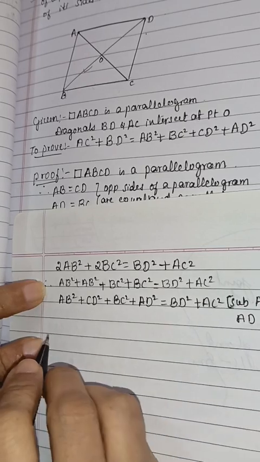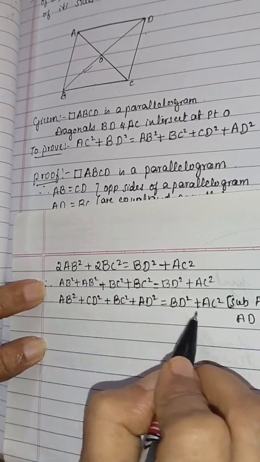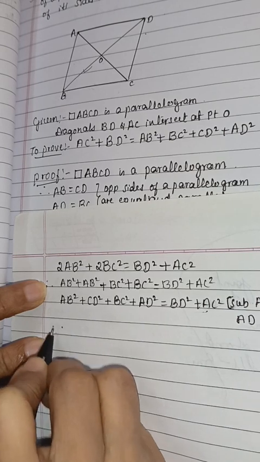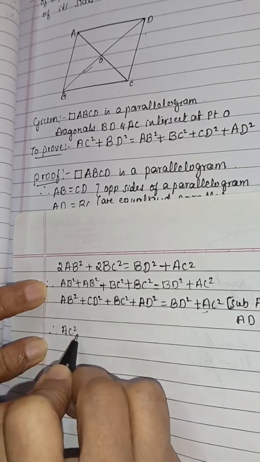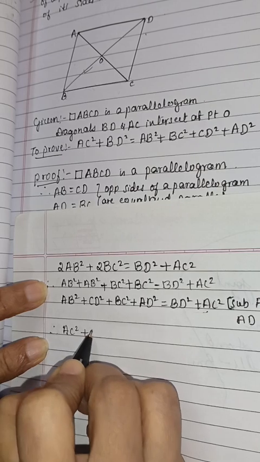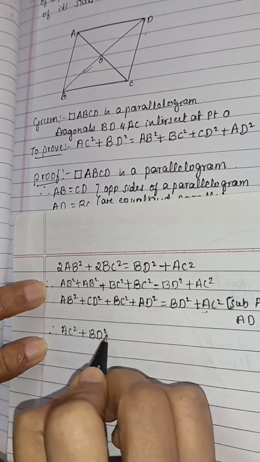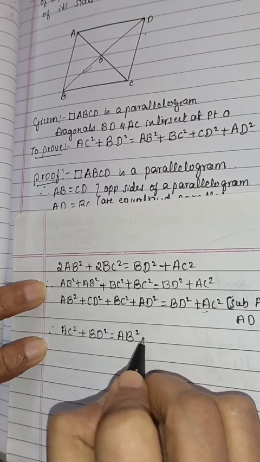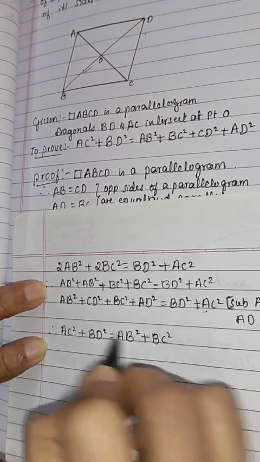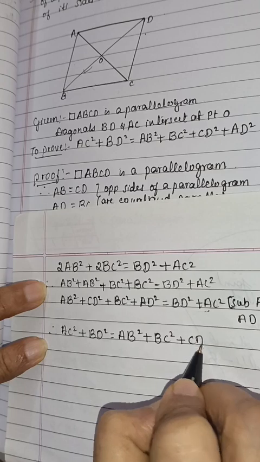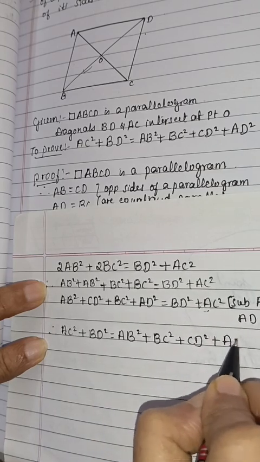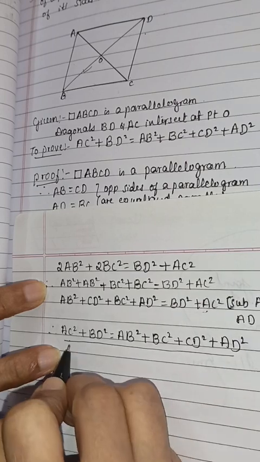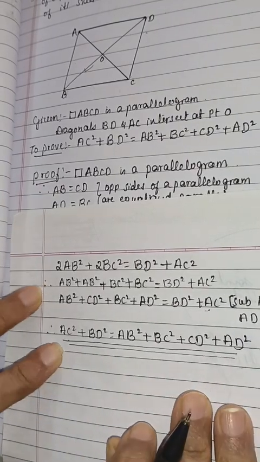We'll write this first: AC square plus BD square equals AB square plus BC square plus CD square plus AD square. This is what we wanted to prove.